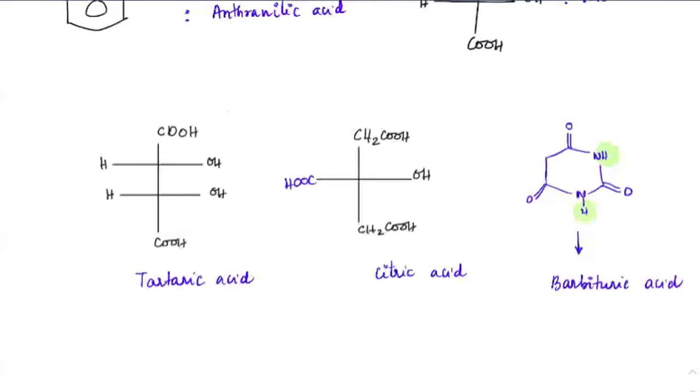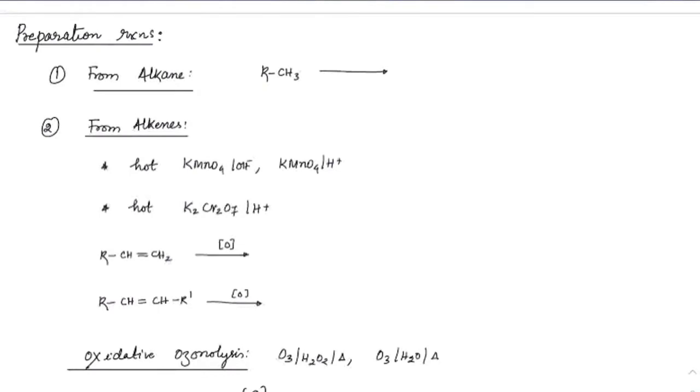Now, let us come to the preparation of carboxylic acids from various functional groups, starting from alkanes. So with alkanes, when we react that with Mn(OAc)2 and heat, we would get RCOOH.